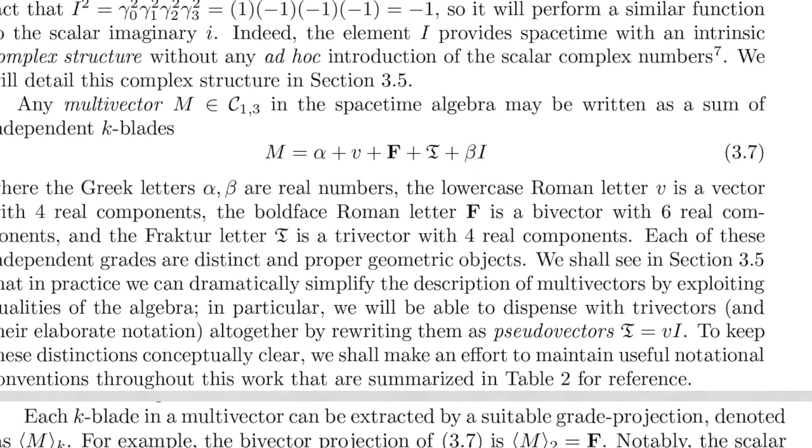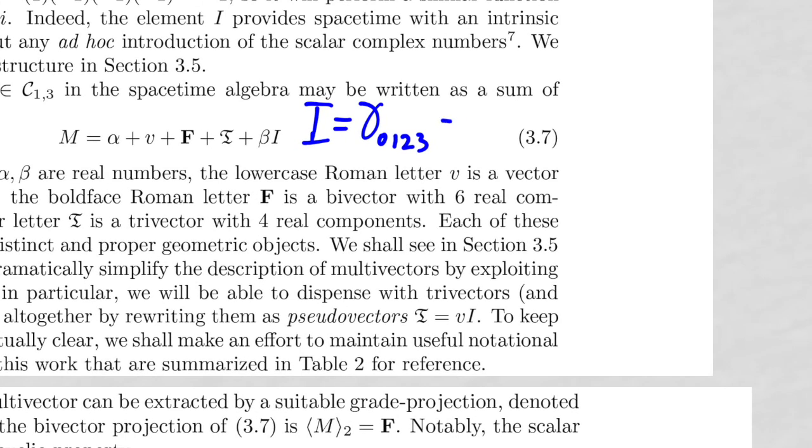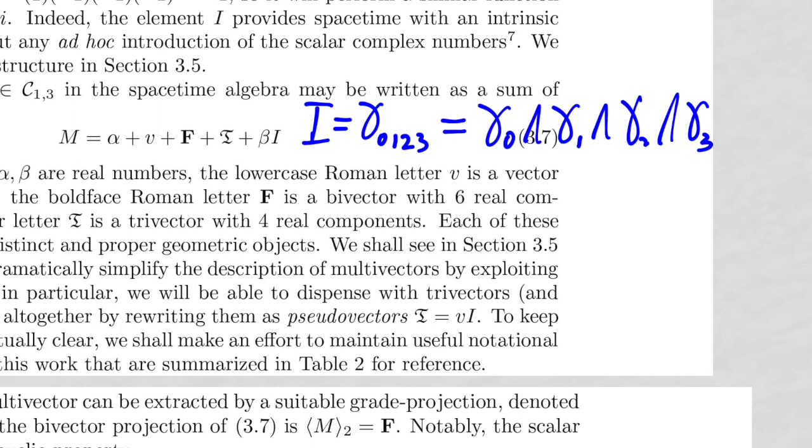And already the pseudoscalar part has been broken down into a real number times I, where we have defined I to be gamma 0, 1, 2, 3, which we can immediately translate to gamma 0 wedge gamma 1 wedge gamma 2 wedge gamma 3, because they're orthogonal. These vectors are all orthogonal, and all of the lower grades vanish, but the highest grade remains.